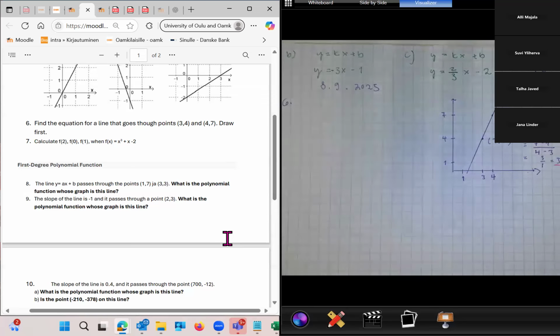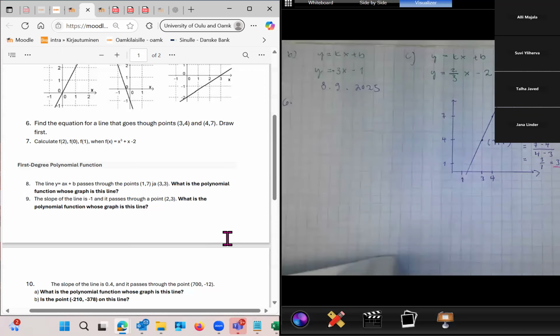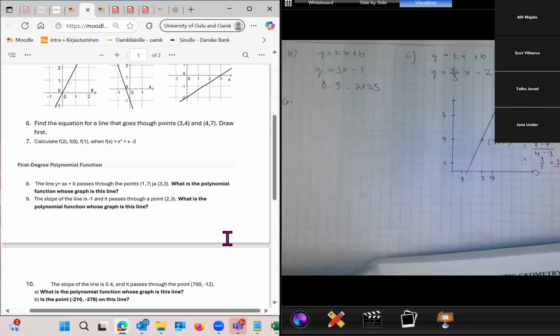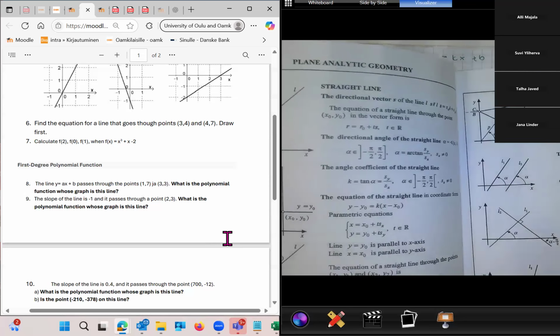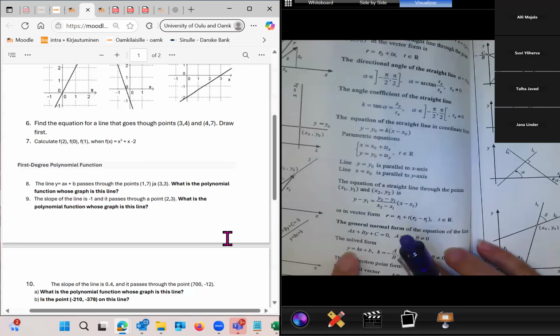And the equation for the line was, well, it says it here as well, but because I always have this book with me, I found it here.